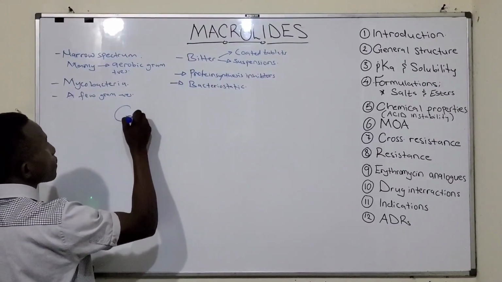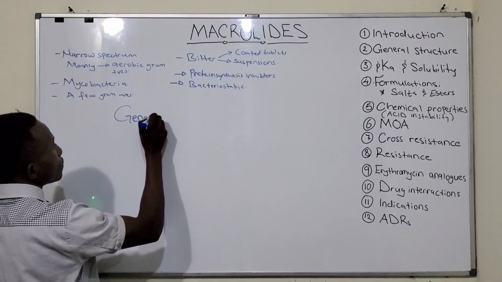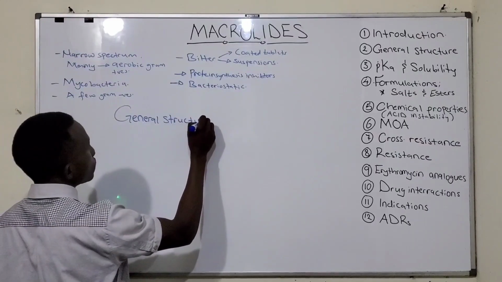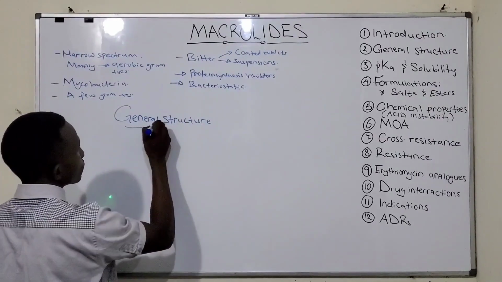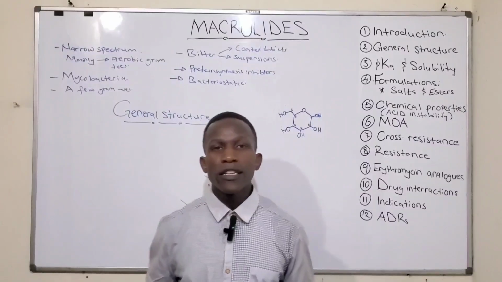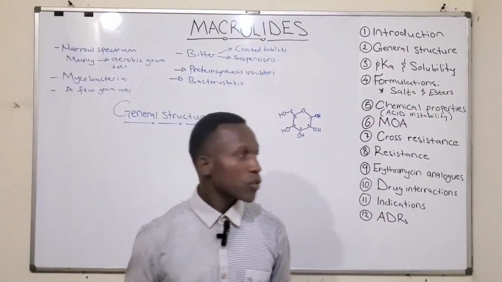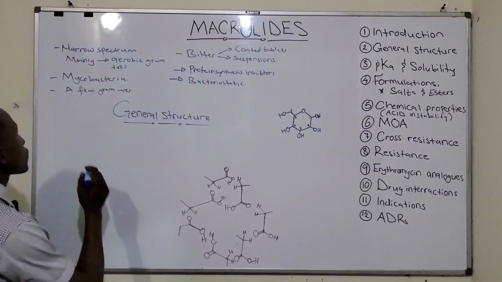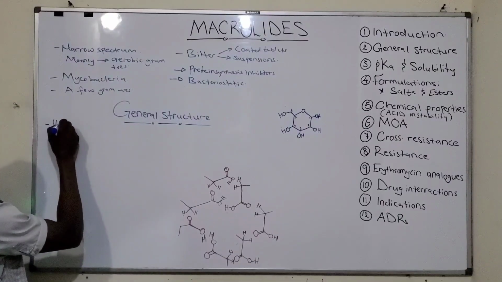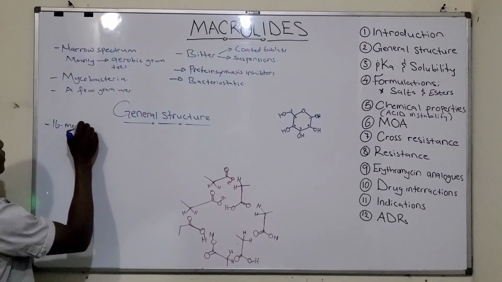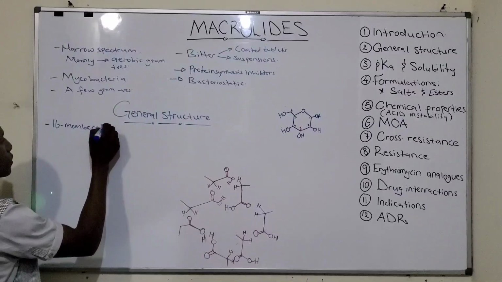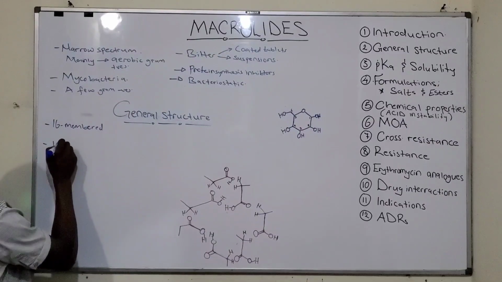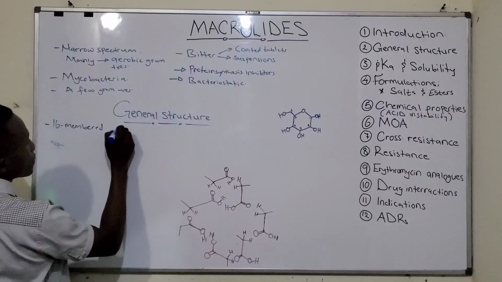About the genome structure, we need to know that macrolides, we have the 16-membered lactone ring macrolides and the 14-membered.